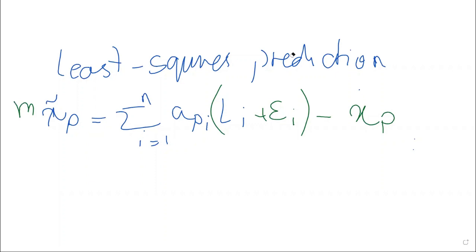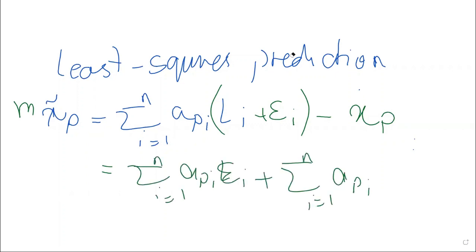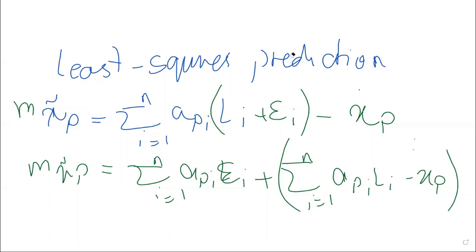If I rewrite it, that's the error equation, and this error equation should be minimized. We cannot minimize it directly, but we try with the square of this equation. So it is that m squared x tilde p should be minimized.